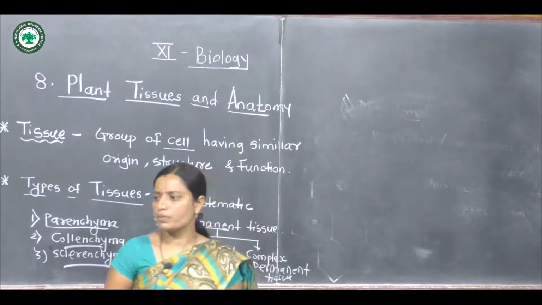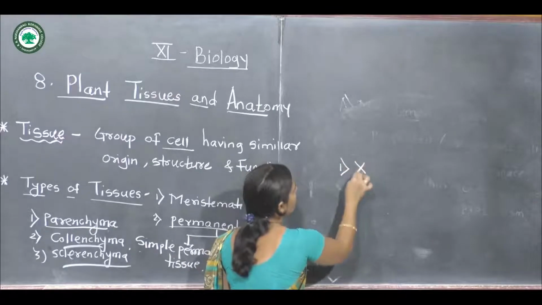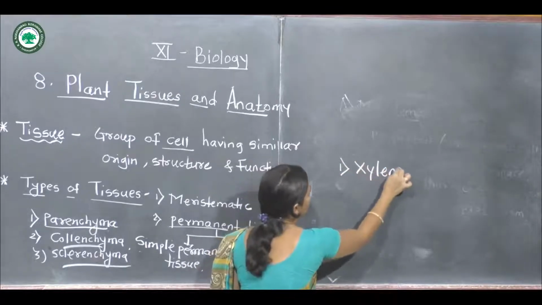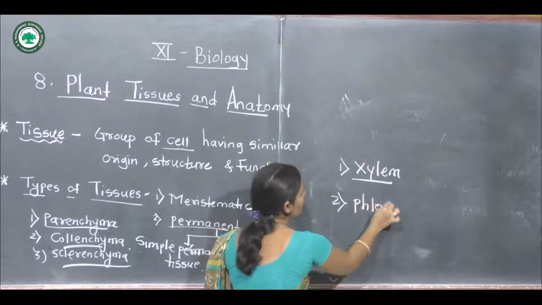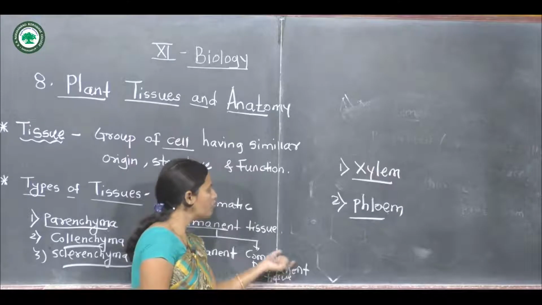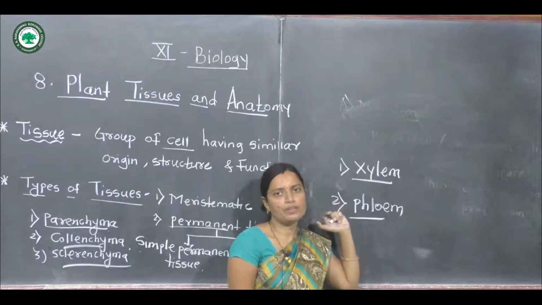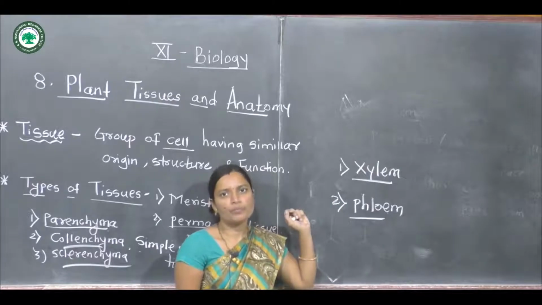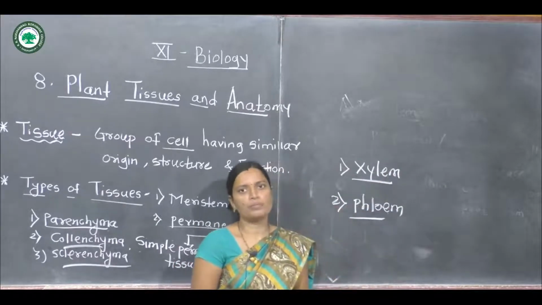These complex permanent tissues, like the first one, xylem, and the second type of the tissue is phloem. These are two important permanent tissues. Now the important function of this tissue, xylem, is the conduction of water to all parts of the plant body.